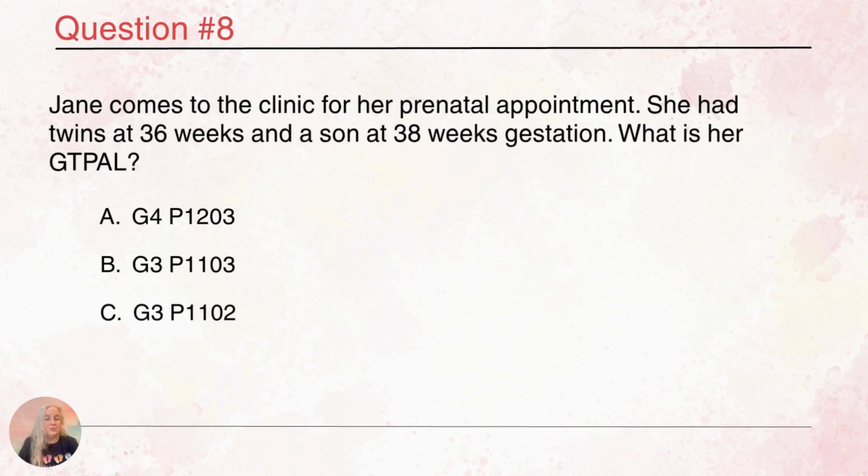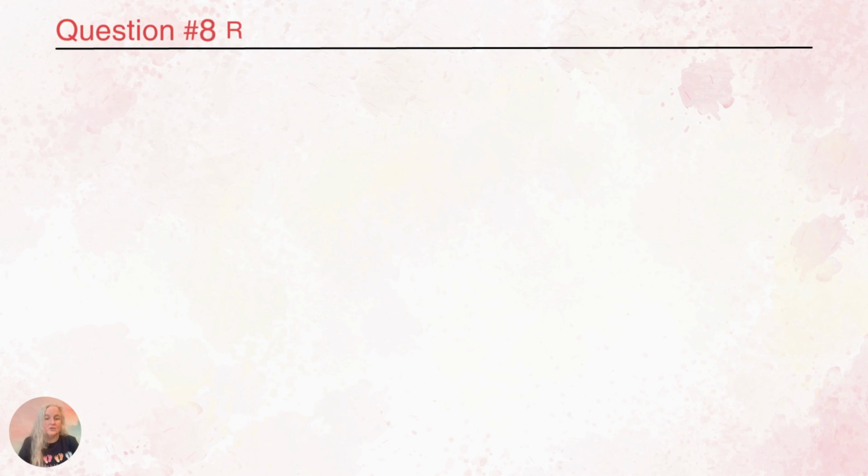Is she G3, P1102? Or is she G2, P2003? The best answer for this is B, G3, P1103. So remember, this is that umbrella of parity. So let's look at this closer.